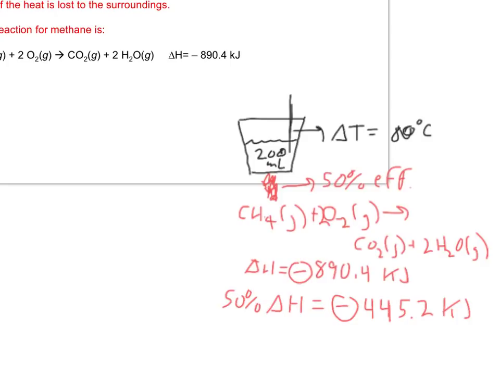So that negative 445.2 kilojoules is what we need to use in this instance because it's 50% efficient.